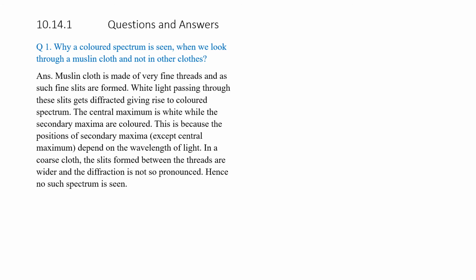This is because the position of secondary maxima, except the central maxima, depends on the wavelength of the light. In a coarse cloth, the slits formed between threads are wider and diffraction is not so pronounced. Hence, no such spectrum is seen in the coarse cloth.